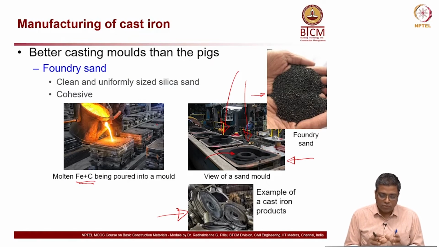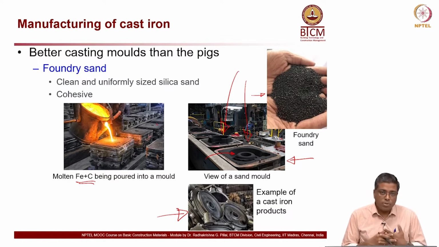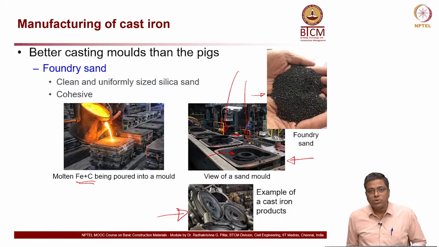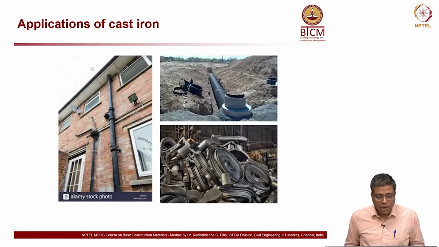Okay. So, whenever you see this kind of complex shape, you can think that most often it is made out of cast iron, because you have high strength. The main problem is brittleness. Okay. But still it is widely used in many applications because of the ease of making it, to get the complex shapes. So, these are again some of the applications. You can see pipelines, drainage pipes, sewer lines, and also machine parts.